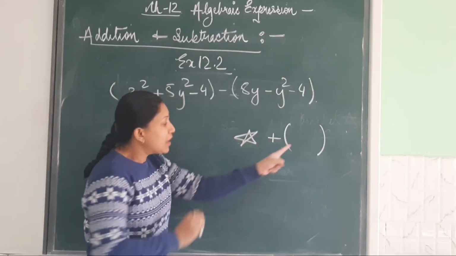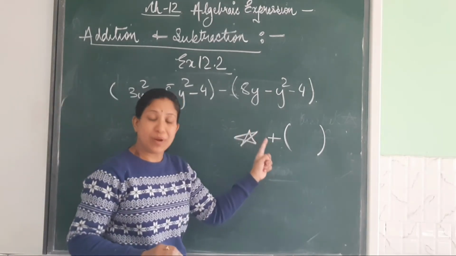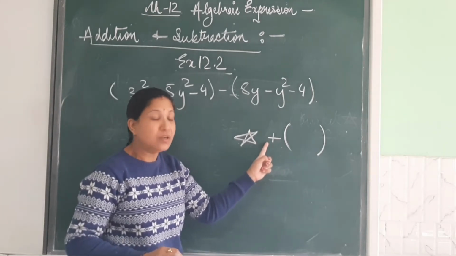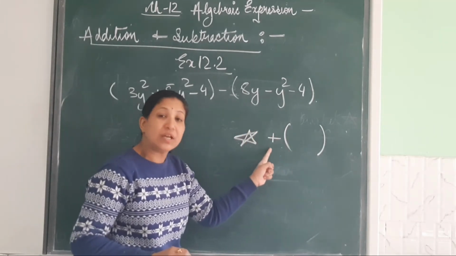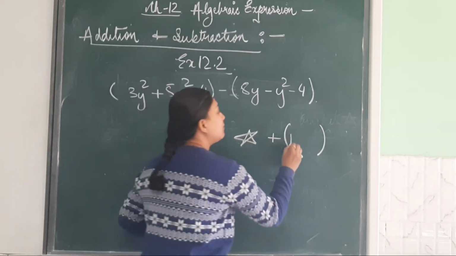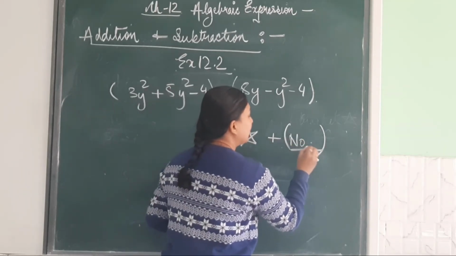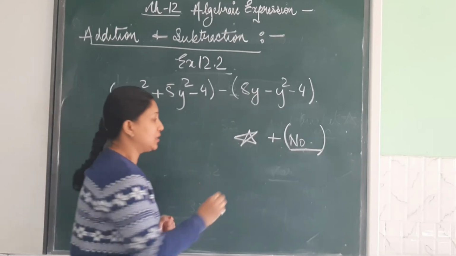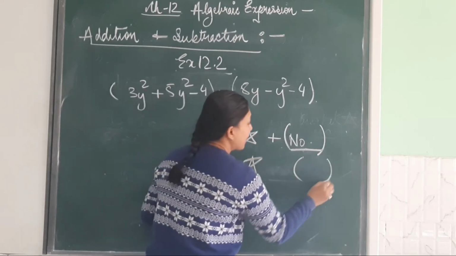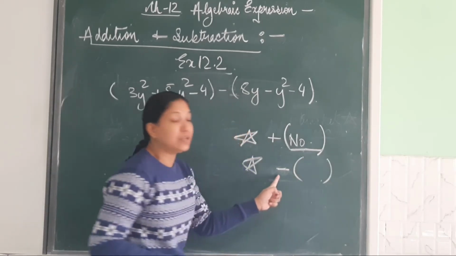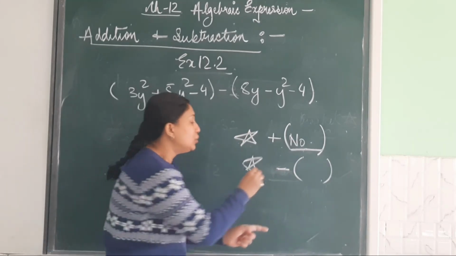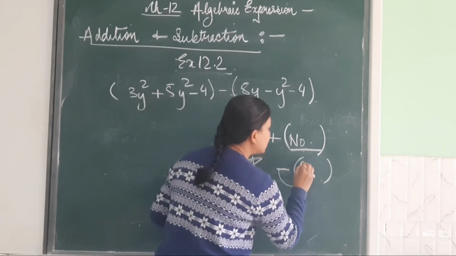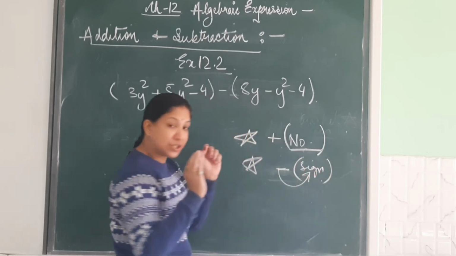Remember, children, if there is no sign or plus sign, no sign means a positive sign. So if there is a positive sign outside the bracket, there will be no change in the terms. Whatever it is, you can copy it as it is. But remember, if there is a negative sign outside the bracket, you will change the sign of each term.